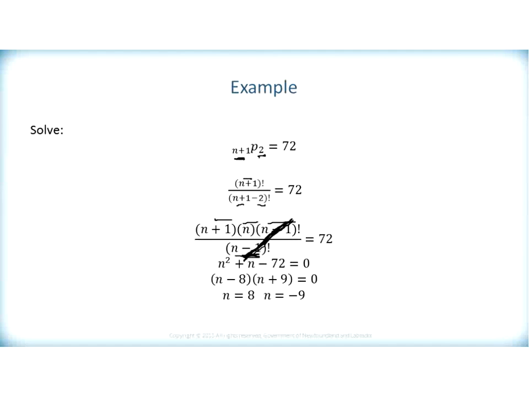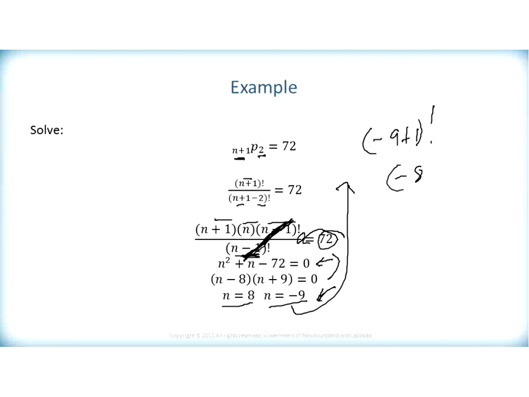That will leave us with n squared plus n, and we'll move the 72 on the other side of the equation so that one side will be equal to 0. We can factor to solve for n, or another option would be using the quadratic formula. And we see that n equals 8 and n equals negative 9. Yet once again, negative 9 is not possible, since negative 9 plus 1 factorial will give us negative 8 factorial, which is not defined. We will reject n equals negative 9.